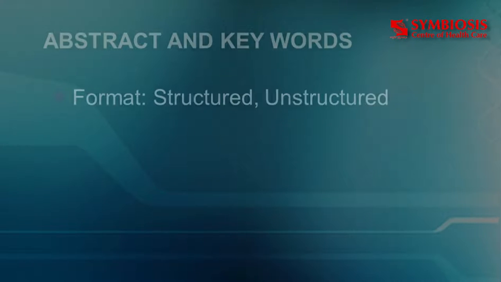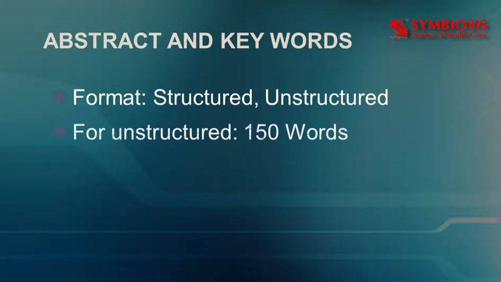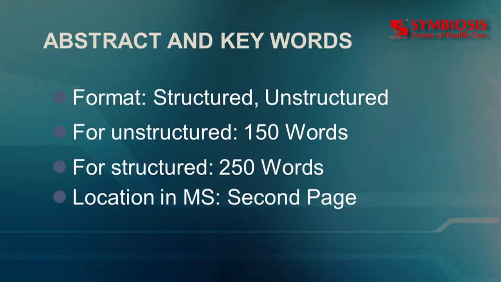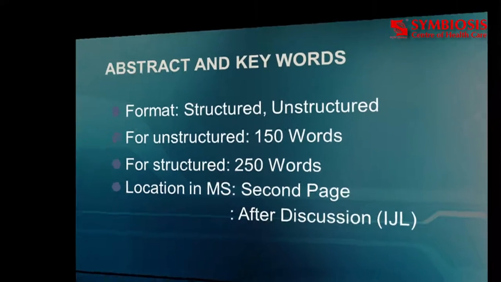For both, the word limit is generally specified by the journals. The abstract is generally located on the second page, and some journals put the abstract at the end. However, remember that you write the abstract after writing the complete manuscript, because the abstract presents the gist of the manuscript which you have written completely.